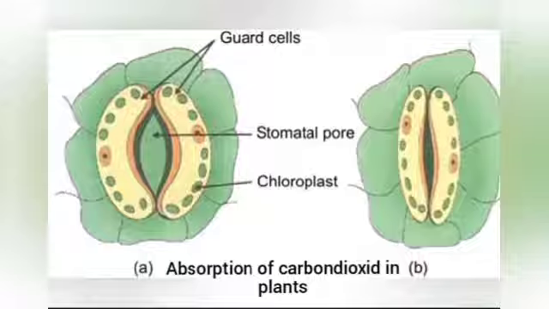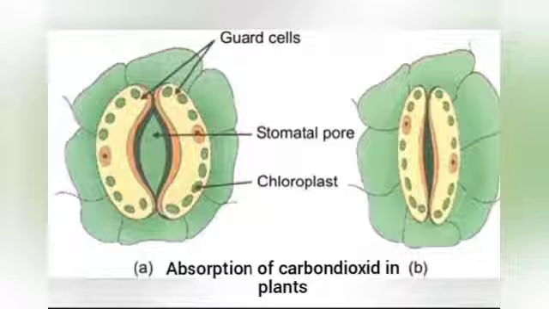One more thing you have to note: gaseous exchange also takes place in stems and roots. But most of the gaseous exchange takes place in the stomatal cells, and it is used for the process of photosynthesis.